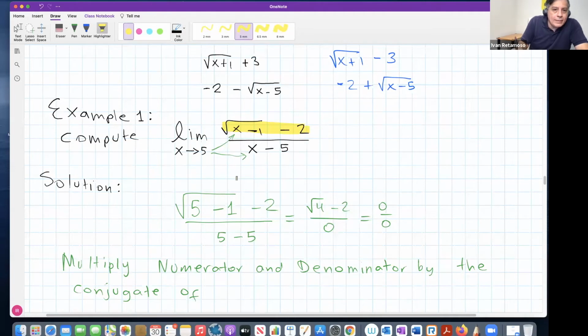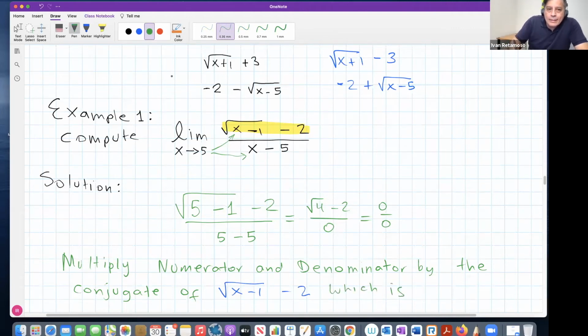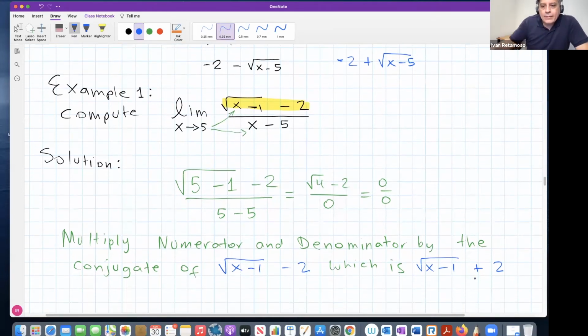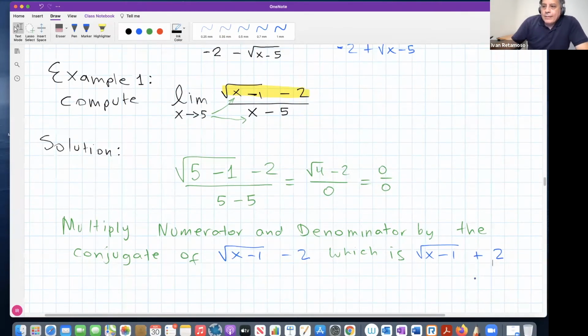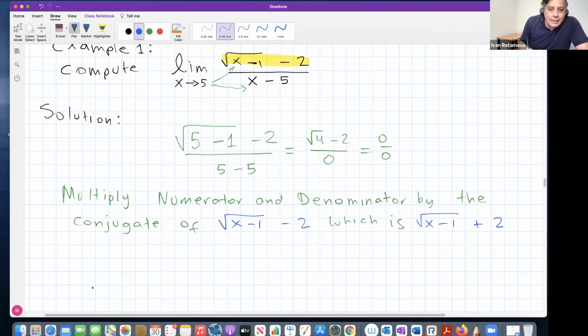Because it's there where the radical is, right? Yeah, that's the whole idea. So a square root of x minus 1 minus 2, right? Which is this. A square root of x minus 1 plus 2, right? Plus 2. That's the conjugate. So this is what we're going to do. Mathematicians figure out that multiplying by the conjugate helps to eliminate this undefined situation.